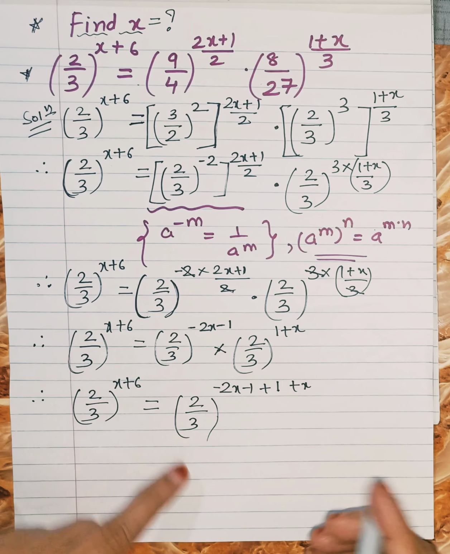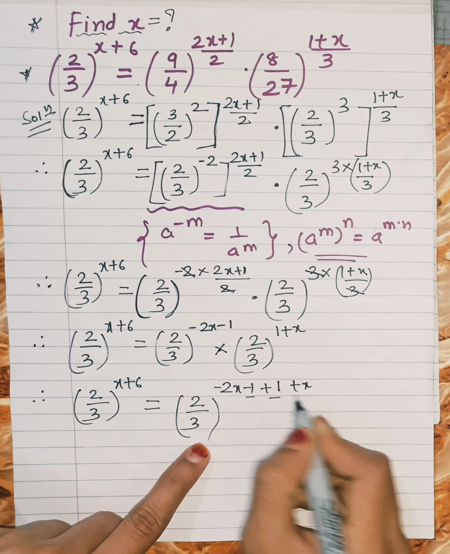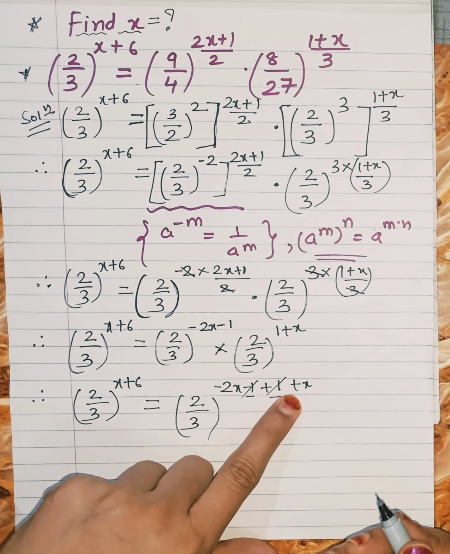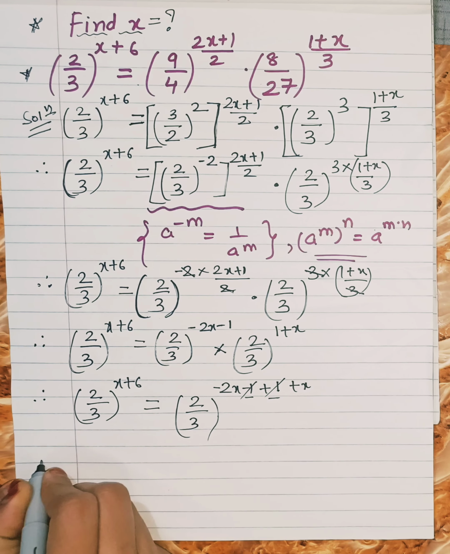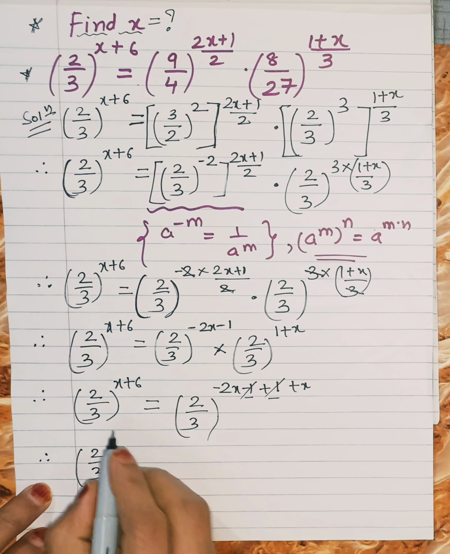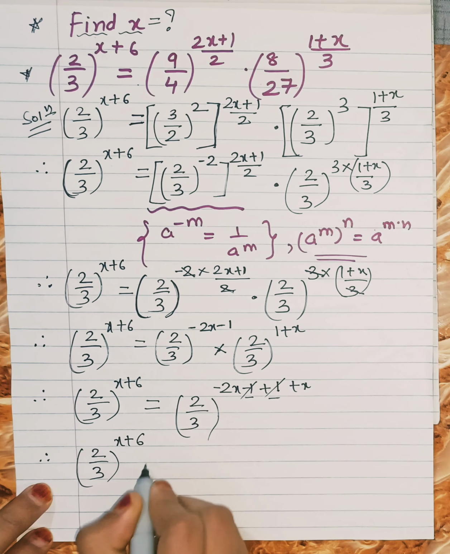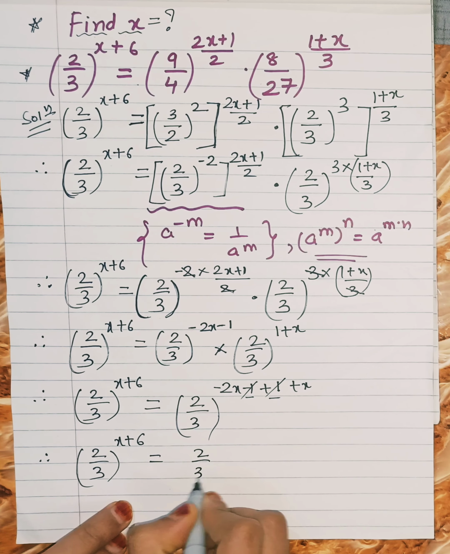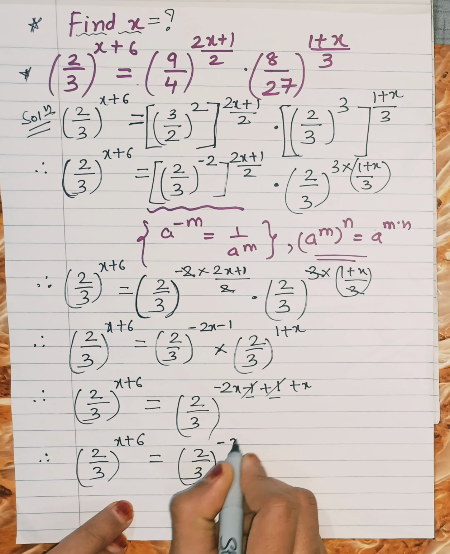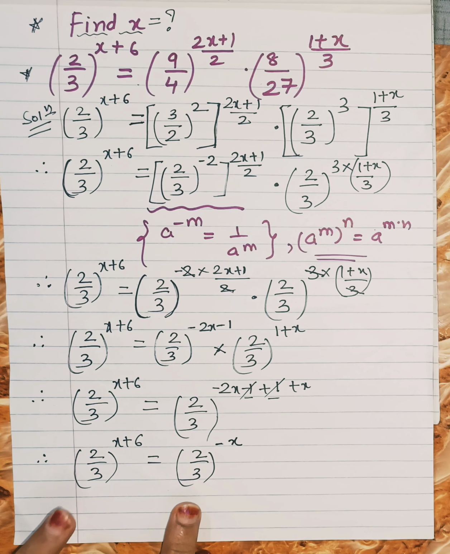This minus 1 and plus 1 both get removed, and minus 2x plus x will be minus x. So we are left with (2/3)^(x+6) equals (2/3) whole raised to negative x.